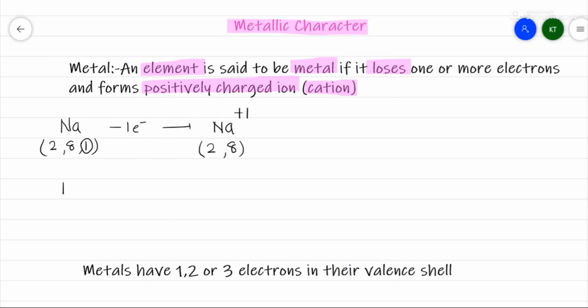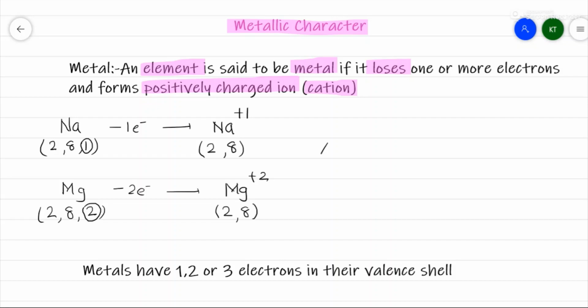Second example, I have magnesium, atomic number 12, electronic configuration 2, 8, 2. Magnesium shows a tendency to lose these 2 electrons and gets converted into Mg plus 2 ion, and attains the electronic configuration of the nearest noble gas, that's neon.